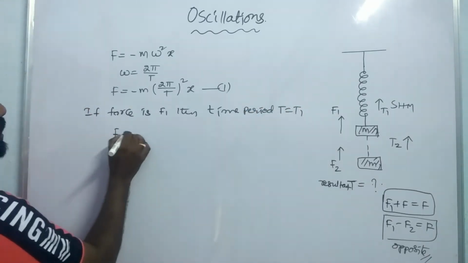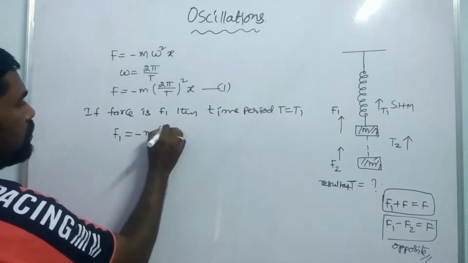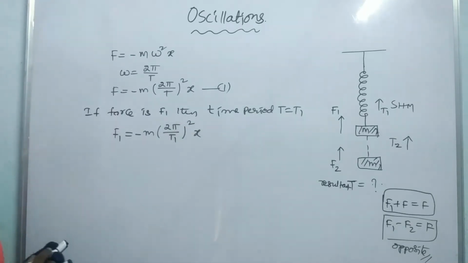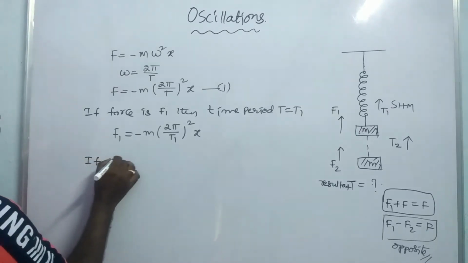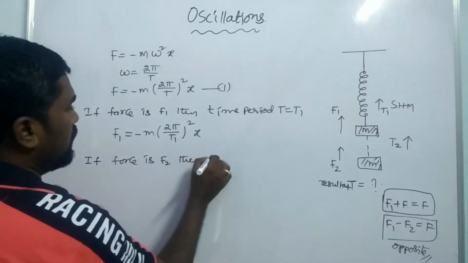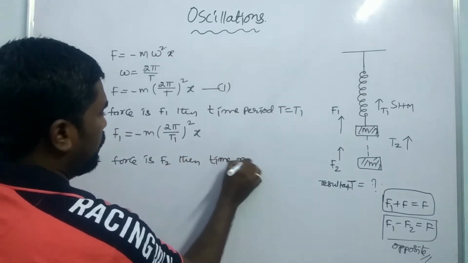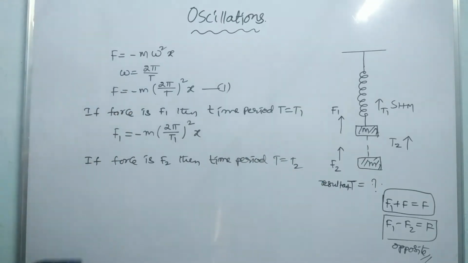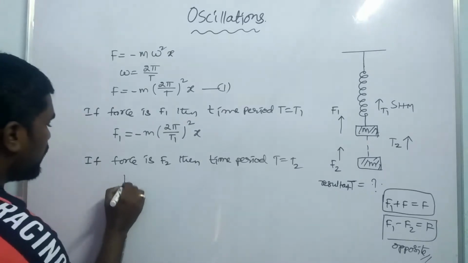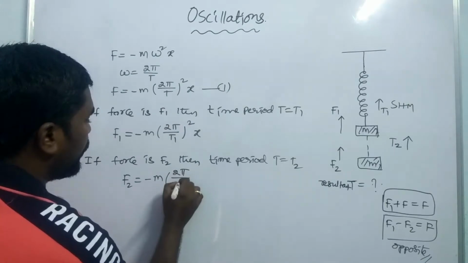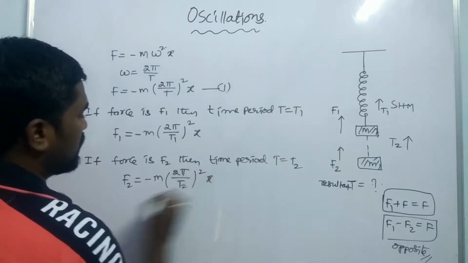Therefore F1 is equal to minus m into 2 pi by T1 whole square into x. Similarly, if the force is F2, then time period T is equal to T2. So F2 is equal to minus m into 2 pi by T2 whole square into x.